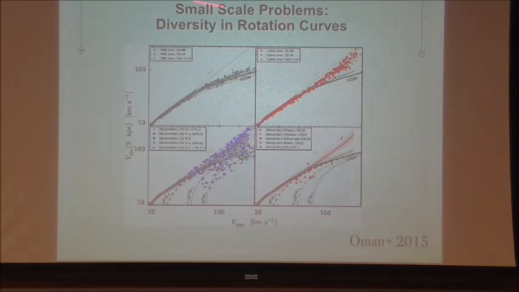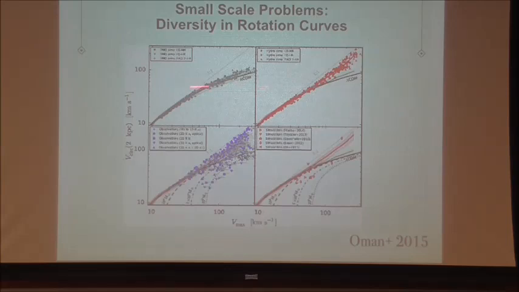This is what's been called the diversity of observed rotation curves problem. In the upper left panel, all these plots show the maximum circular velocity versus the circular velocity at 2 kiloparsecs. If we look at dark matter only simulations, you can see a very tight correlation between the maximum circular velocity and the velocity at 2 kiloparsecs.